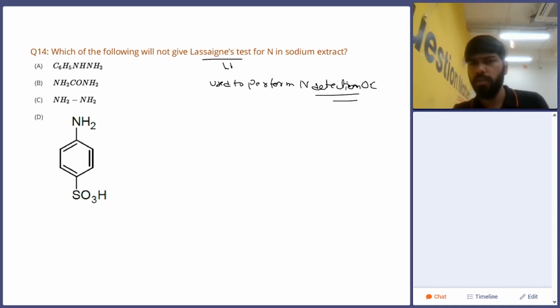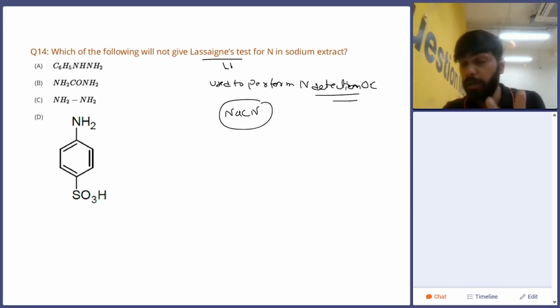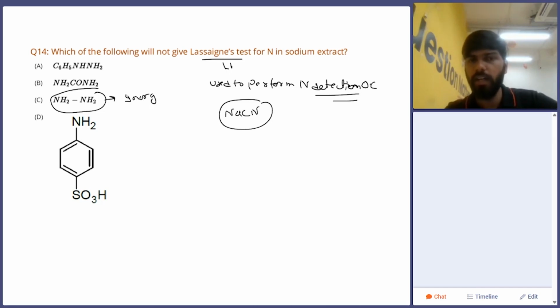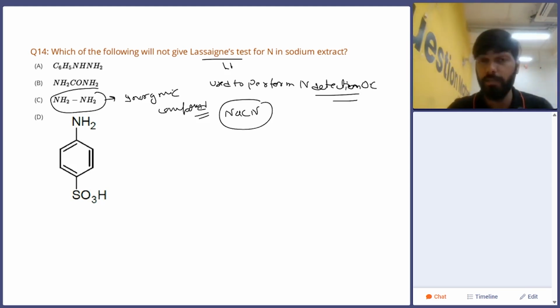Nitrogen should be directly and covalently combined with carbon, and sodium is going to combine with it. They form sodium cyanide, NaCN, which is ionic and easy to detect. Now here, hydrazine is an inorganic compound, and due to its inorganic nature it is unable to give the Lassaigne test. The right option is option C.